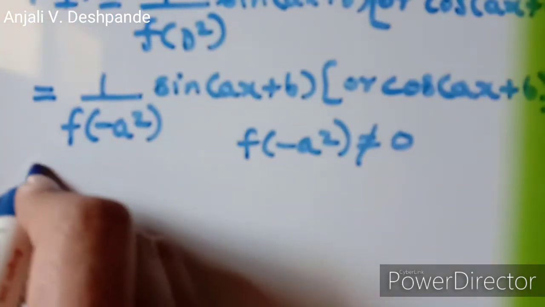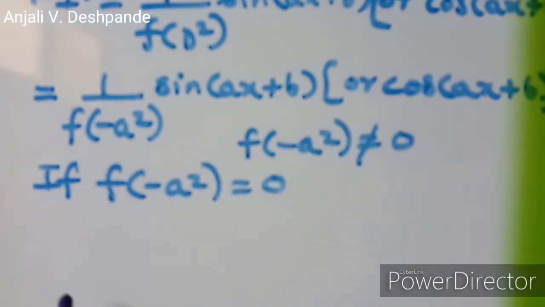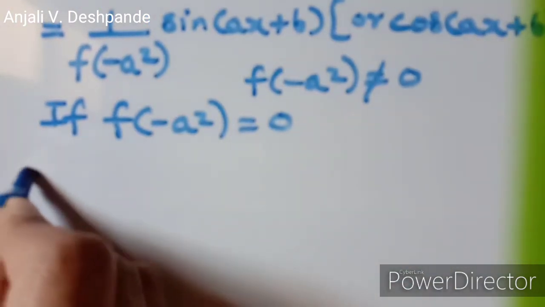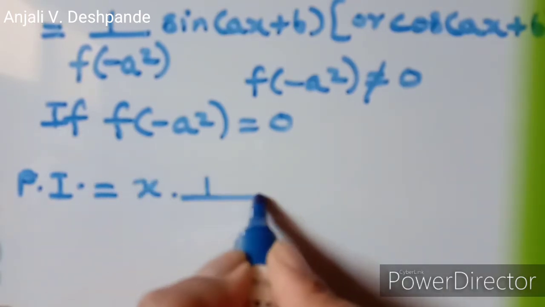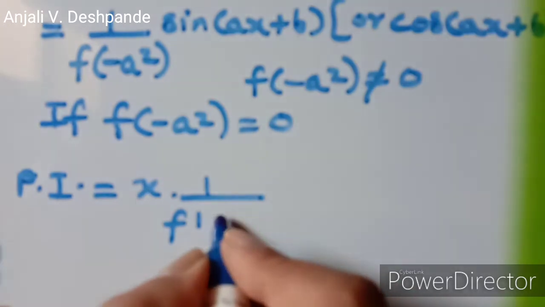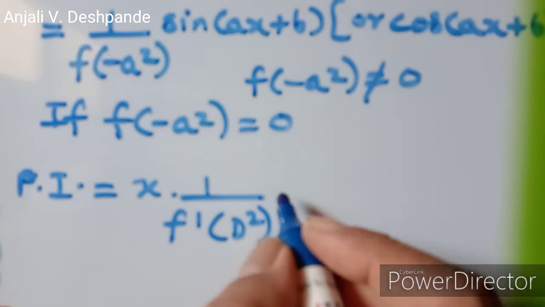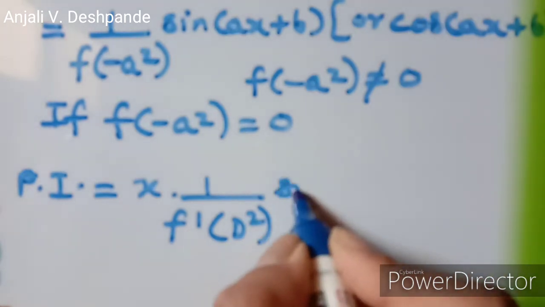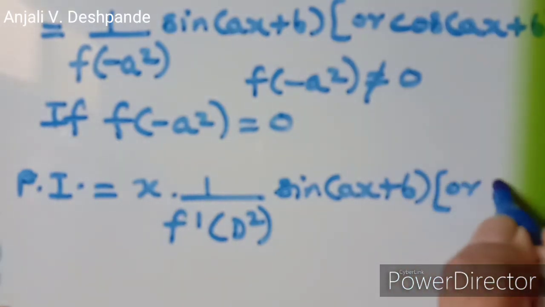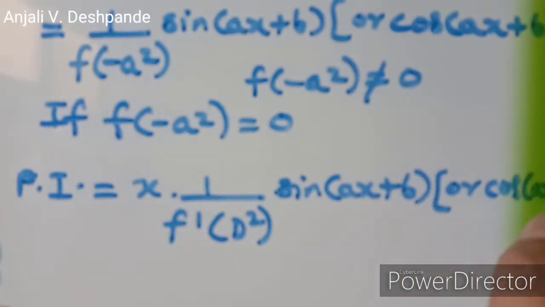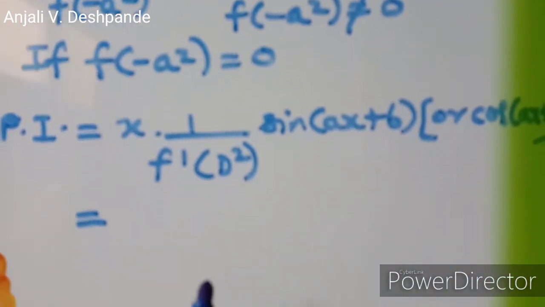But supposing that f of minus a square is equal to 0, then in this particular case what you have to do is, PI is equal to x into 1 upon f dash of D square. First you will find out the derivative, of sin(ax plus b) or cos(ax plus b), and after that over here once again you will substitute minus a square.